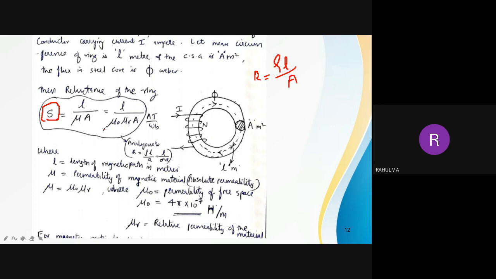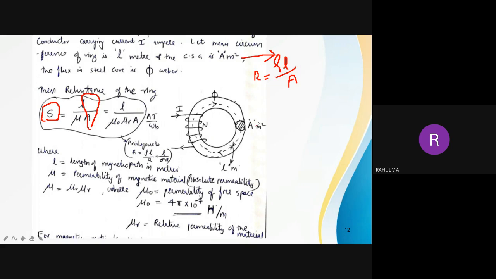If you look at both the equations, you can see that L by A is there in both, and the difference between these two equations is the two terms, that is rho and mu. Rho is resistivity, mu is permeability.